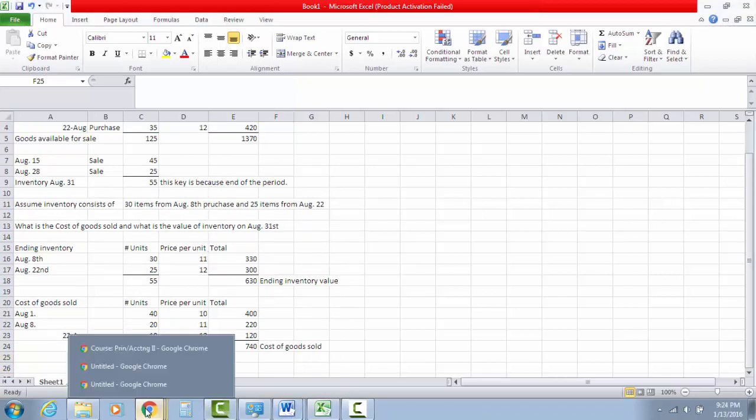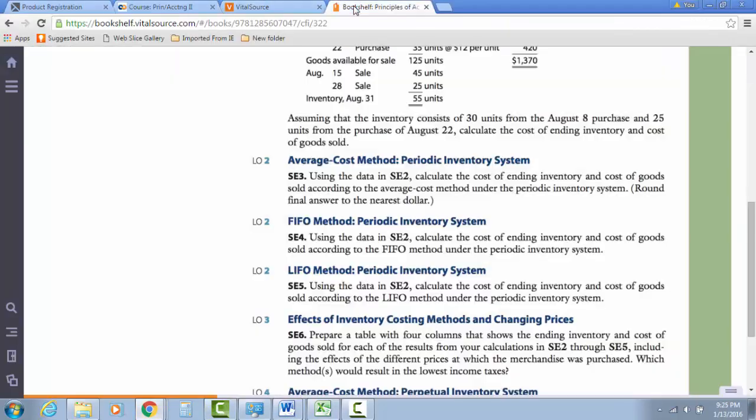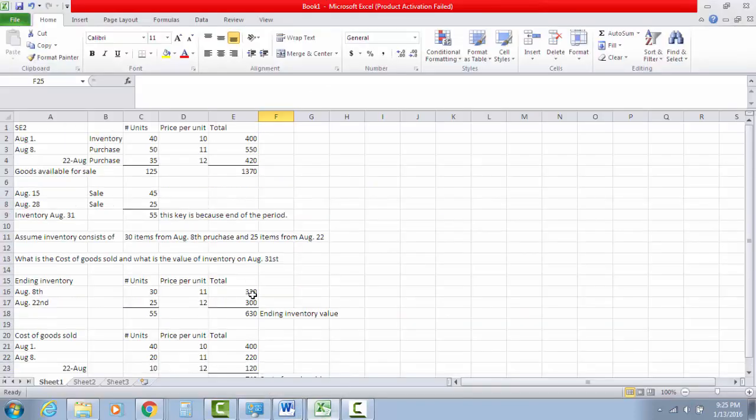So what we're going to do now is we're actually going to take a look at SE3, and it says using the data, calculate the cost of ending inventory and cost of goods sold according to the average method. Round the final answer to the nearest dollar. Okay, so this is SE2. We're going to do SE3 over here.